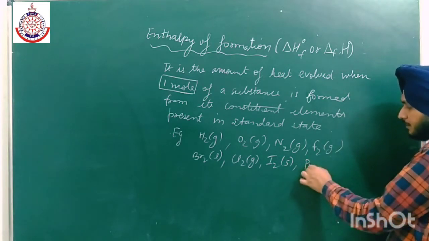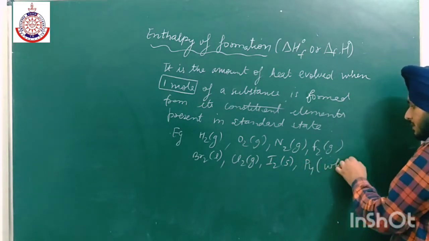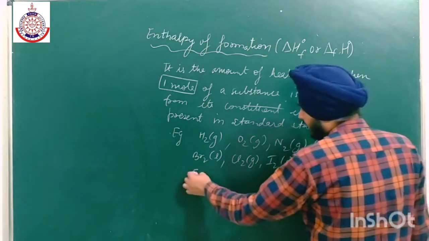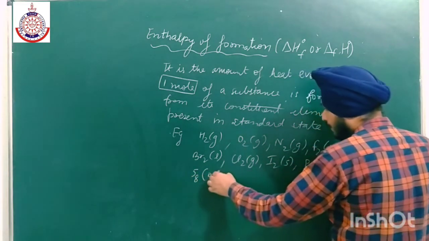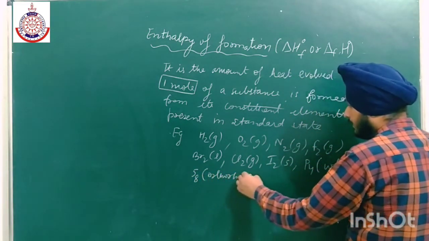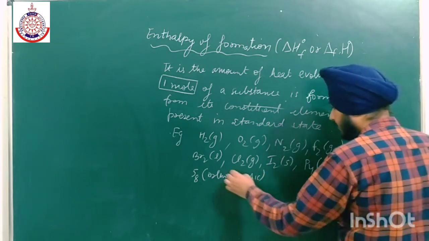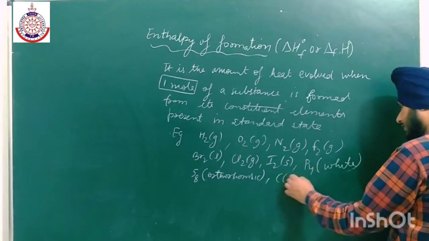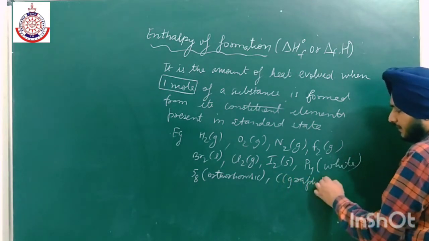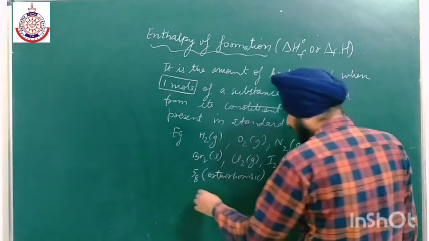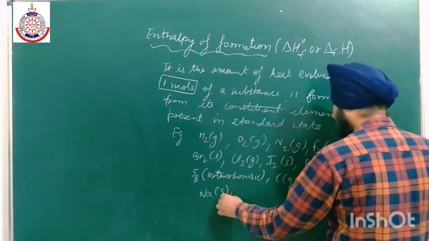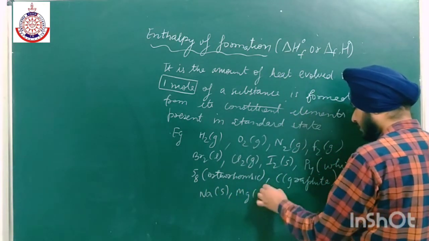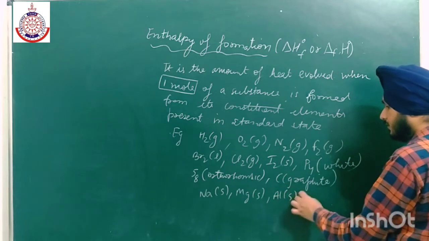Similarly, phosphorus is P4, white. Sulfur is S8, orthorhombic. Carbon is graphite. Sodium is a solid, magnesium is a solid, aluminium is a solid. All metals are considered to be solid.